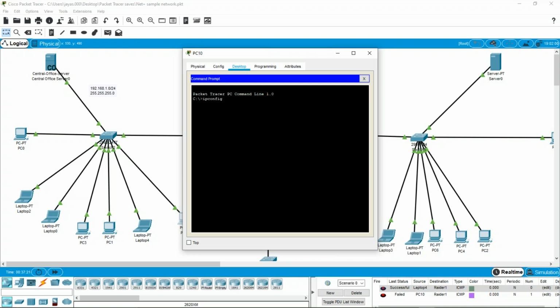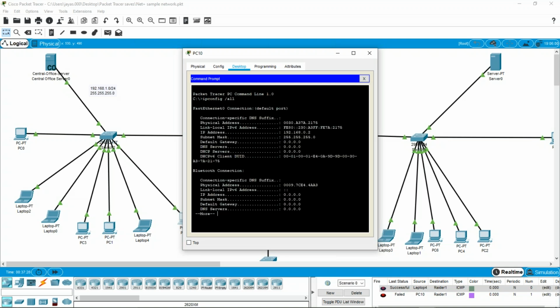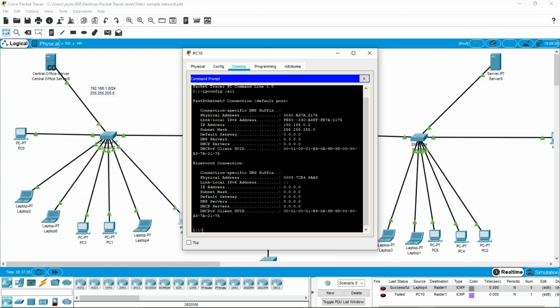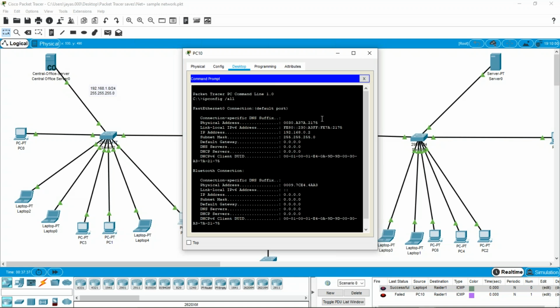We're looking for IP information, so we're going to do ipconfig /all, which normally gives you the most information. Here, not so much. But if you do this on your local machine, you're going to get a whole library of information. So let's take a look here.